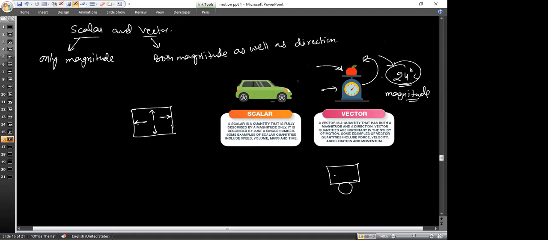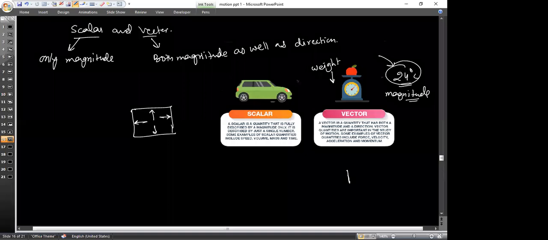Is it possible? No. Only a spring balance can measure such weights, but actually weight is a force which is acting downward. It always acts downward.